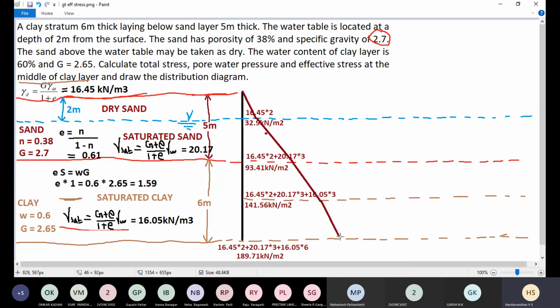Okay, so this is my total pressure distribution diagram.